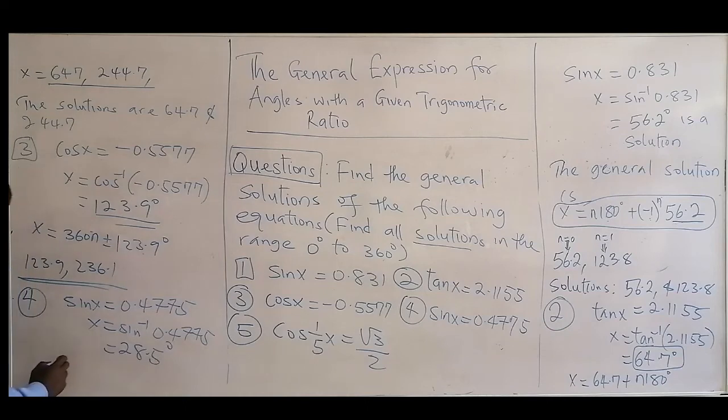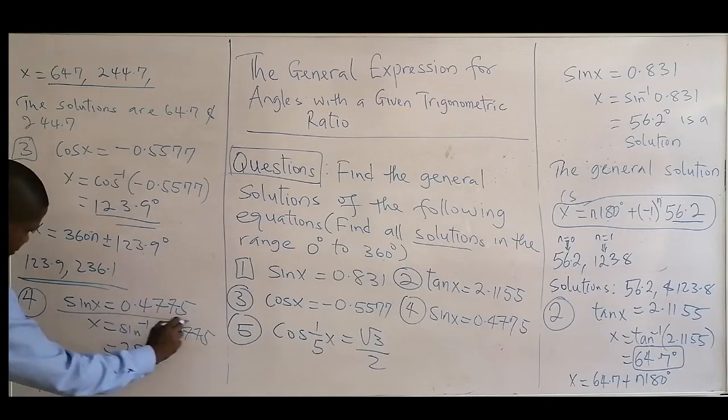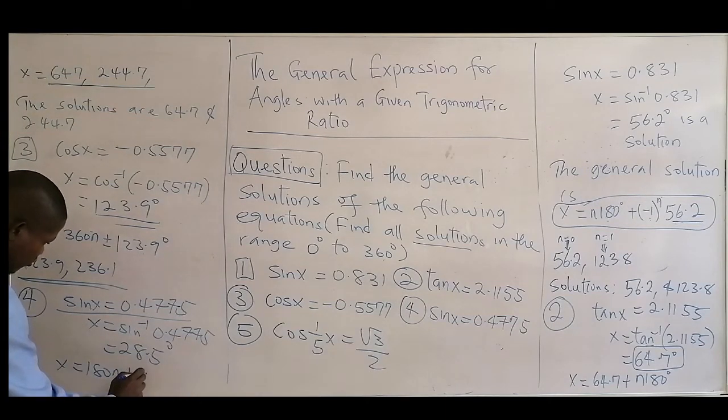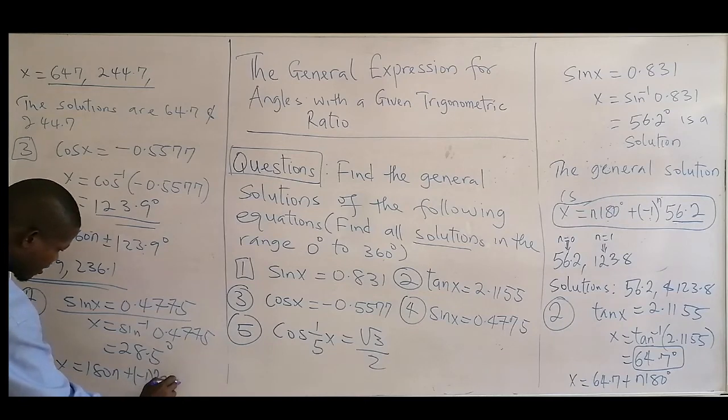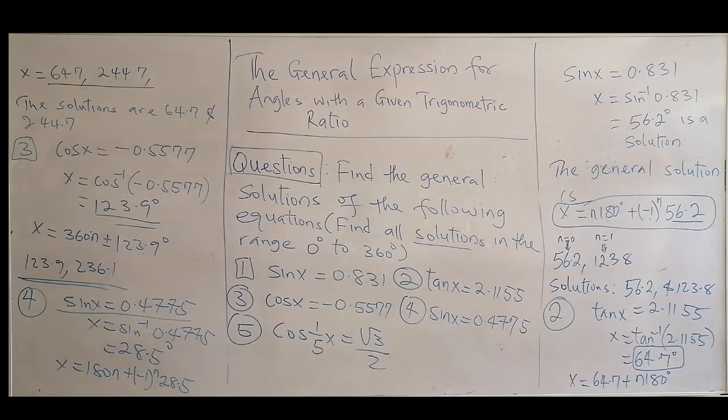So the general solution is x equal to 180n plus minus 1 to the power n times 28.5. Then you can find a list of all solutions.